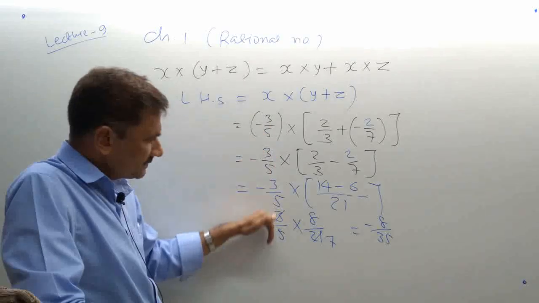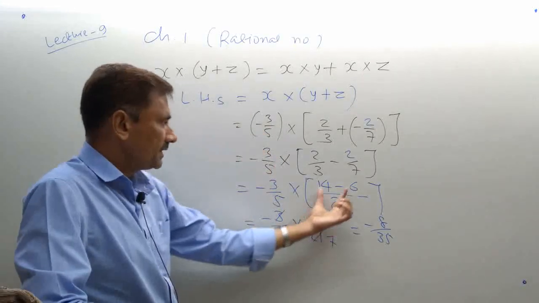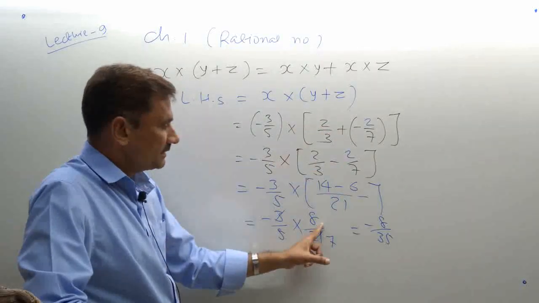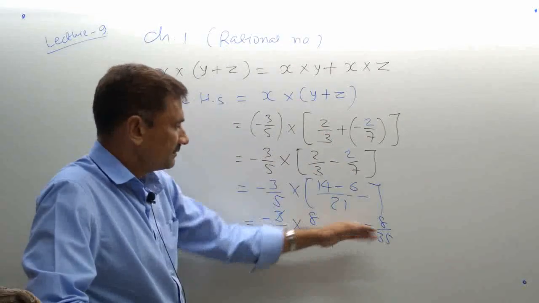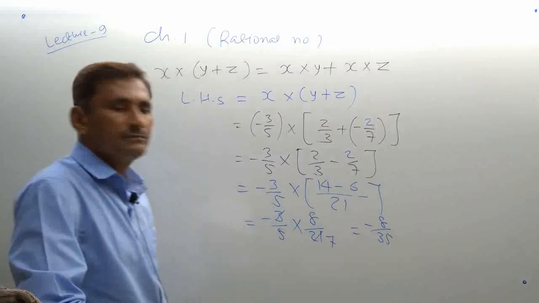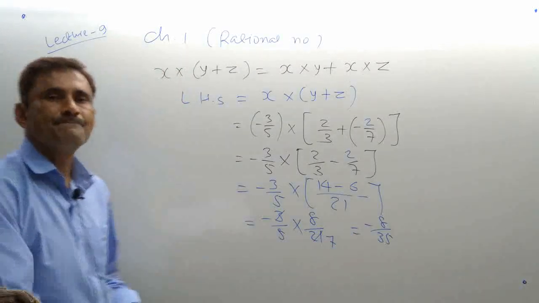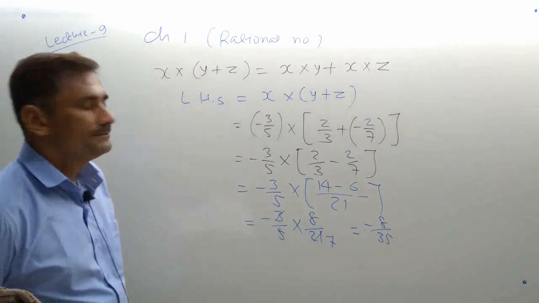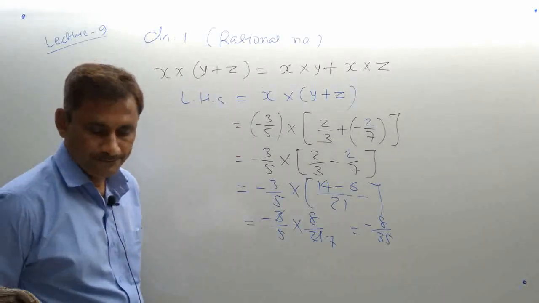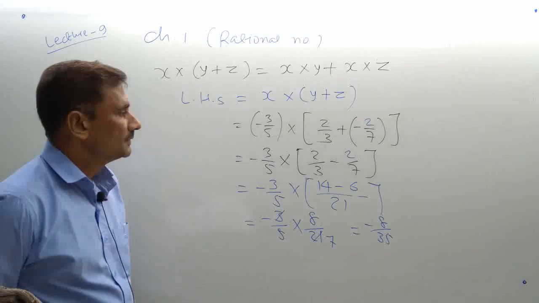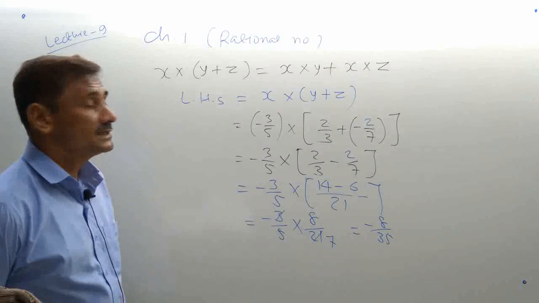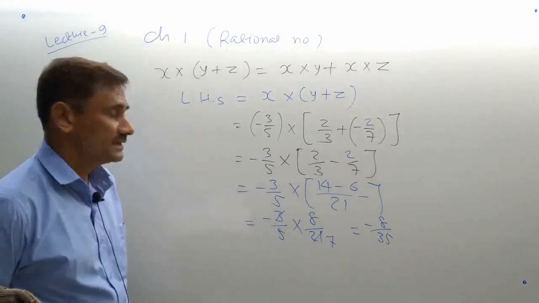Nothing to do with the first number, just copy it. Now after getting it simplified, you can multiply. The bracket is simplified here, so I just multiply them. After cutting, whatever I got, minus 8 upon 35. Okay, you can write it or take a screenshot. Okay, and then we are going to write the right side here and simplify the same way.